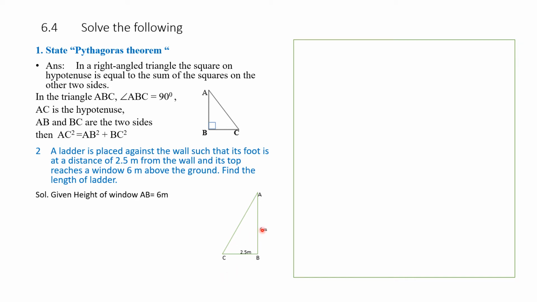The window is 6 meters above the ground, AB is equal to 6 meters, and the distance of the foot from the wall is 2.5 meters. It is given the height of window AB is equal to 6 meters. The distance is 2.5 meters.